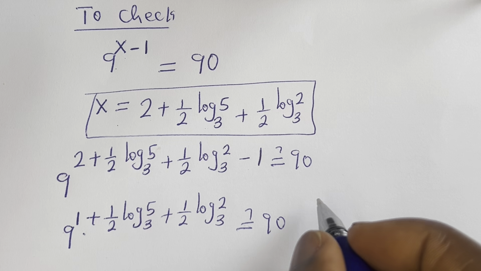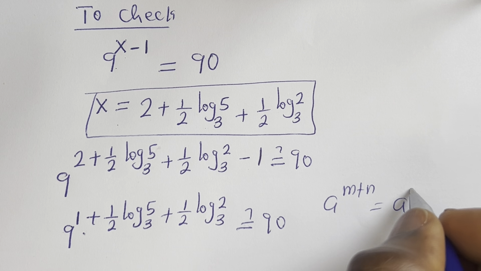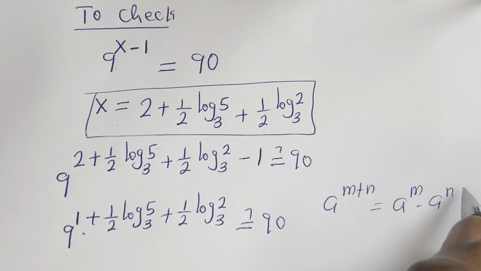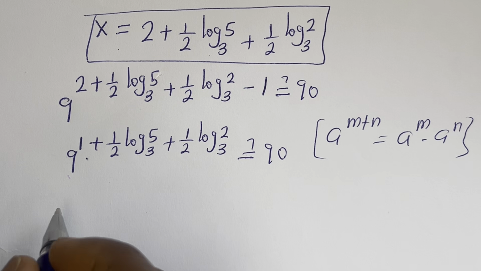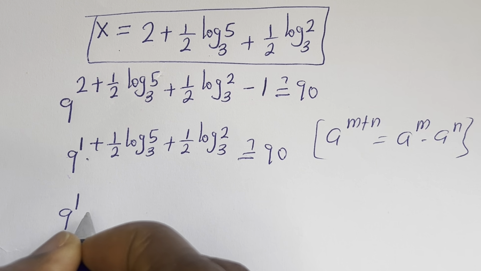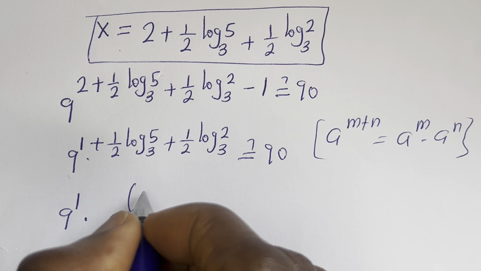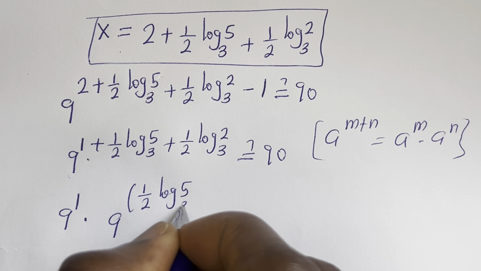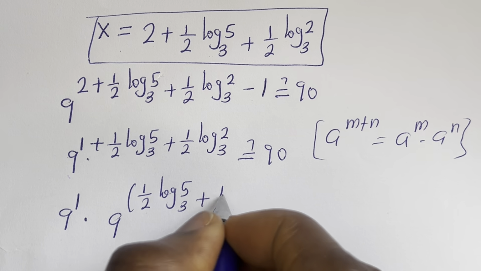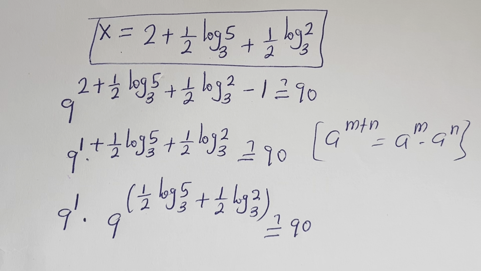Take note of this, that if you have a to the power of m plus n, this is equal to a to the power of m multiplied by a to the power of n. We have 9 to the power of 1 multiplied by 9 to the power of 1 over 2 log 5 base 3 plus 1 over 2 log 2 base 3 must be equal to 90.